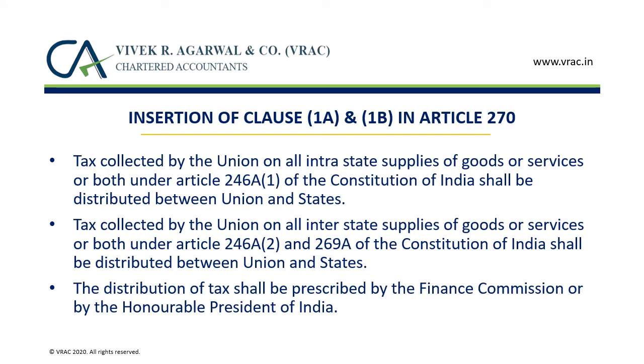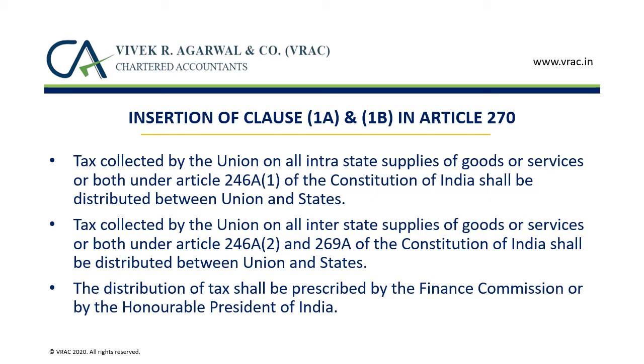There is another insertion of Clause 1A, and 1B, in Article 270. It provides for the tax collected by the Union on all intrastate supplies of goods or services or both, under Article 246A(1) of the Constitution of India, shall be distributed between Union and states in the manner prescribed.